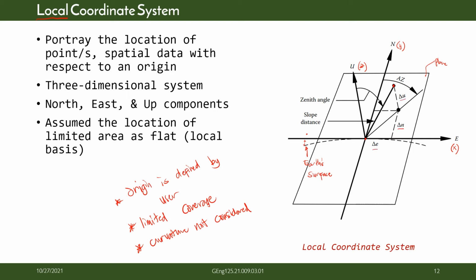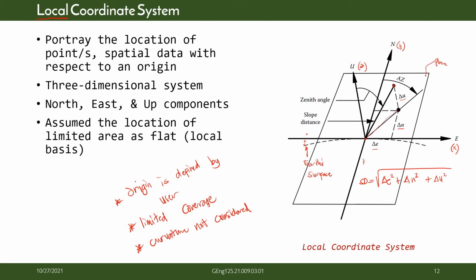Then from that we can compute your slope distance, which equals the square root of delta E squared plus delta N squared plus delta U squared. Then you will have your slope distance, as well as the vertical or zenith angle, using the up component and the horizontal distance.